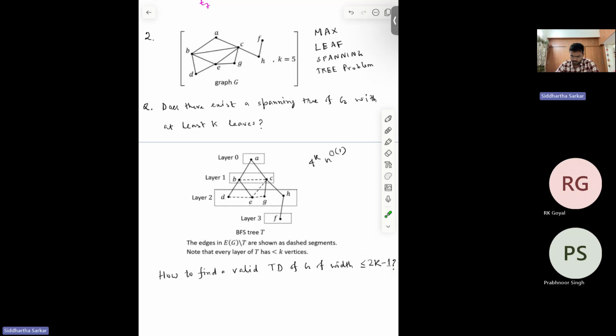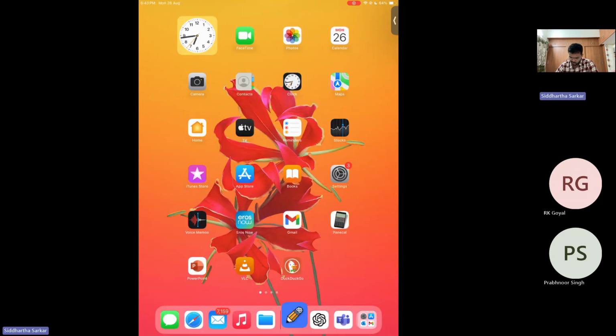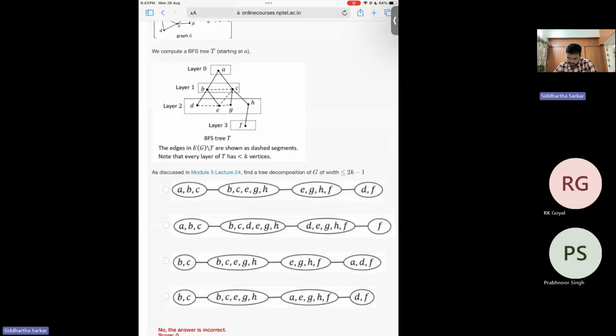That is the question. So let's look at the question. As discussed in module 5, lecture 24, find the tree decomposition of G of width at most 2k minus 1. So in all these cases, what is the largest bag size? In option B, the largest bag size is 6.